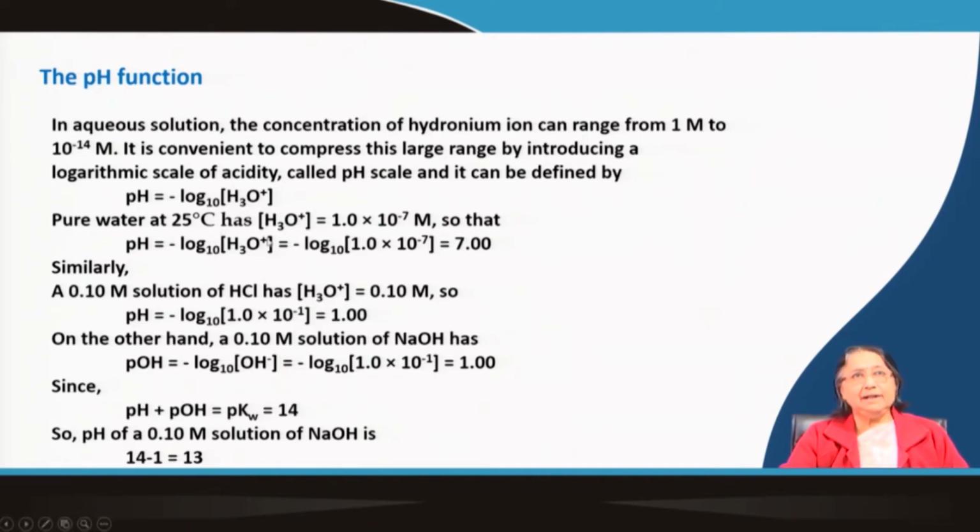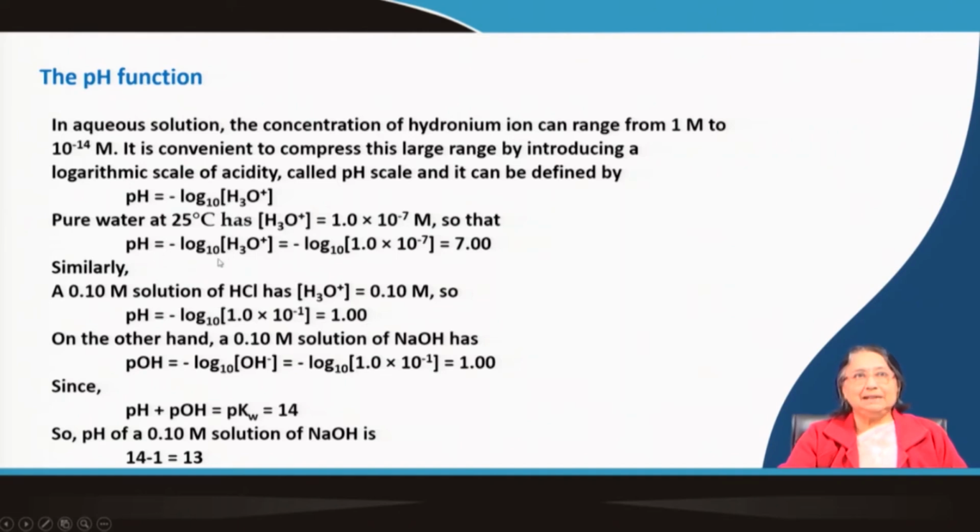At 25 degrees centigrade, the H3O+ concentration for pure water is 1 into 10 to the power minus 7 molar, and pH therefore is 7. Similarly, a 0.1 molar solution of HCl has H3O+ equal to 0.10 M. So, pH will be minus log of 1.0 into 10 to the power minus 1, that is 1.